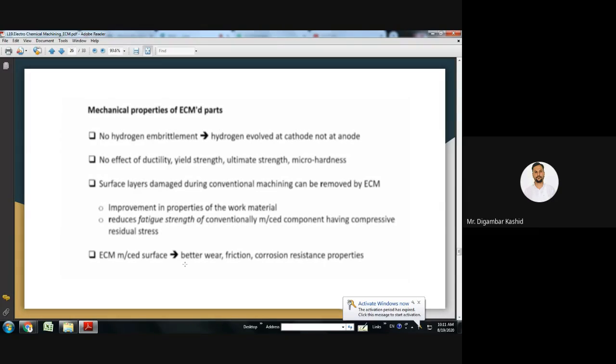This fact has also been verified experimentally by some researchers. However, the required fatigue strength can be restored by an appropriate post mechanical finishing treatment, so we should not worry about that reduction of the fatigue strength.